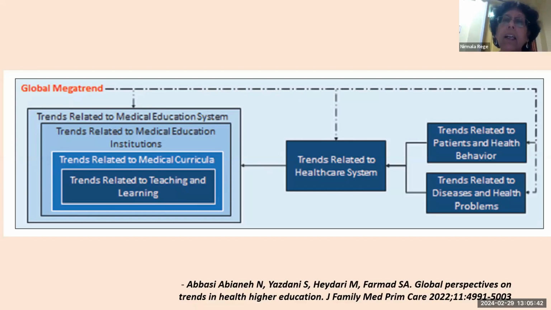These are again influenced by the trends related to the healthcare system. And this healthcare system is in turn based on the trends related to patients and their health behavior, as well as diseases and health problems. So the changing scenario in each of them has been discussed by Dr. Zeba.